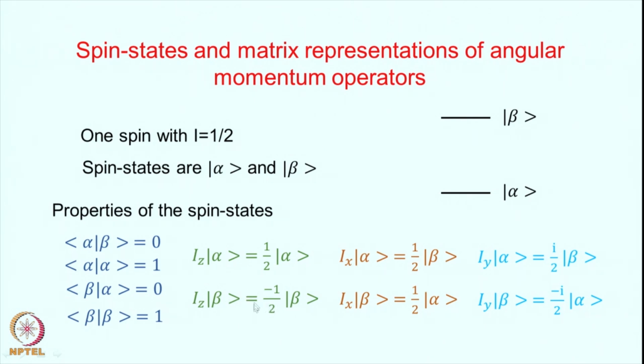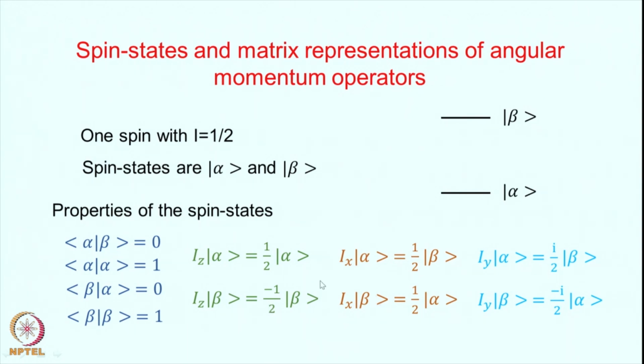For beta the m value is minus half, and for alpha the m value is plus half. You see the same state is back here. Therefore, these are the eigenvalue equations: alpha is an eigenstate of the Iz operator, and beta is also an eigenstate of the Iz operator, with eigenvalues half and minus half.